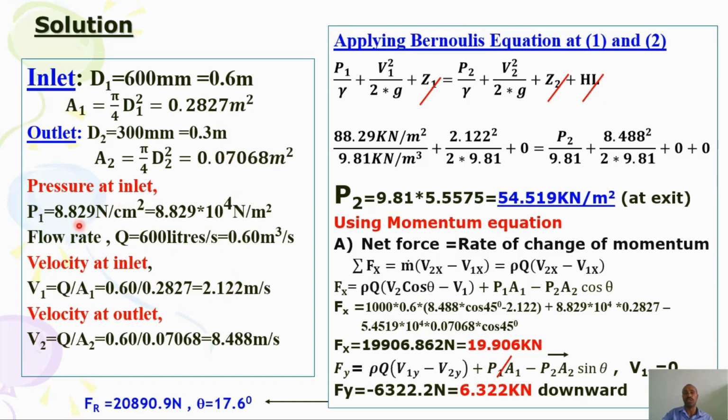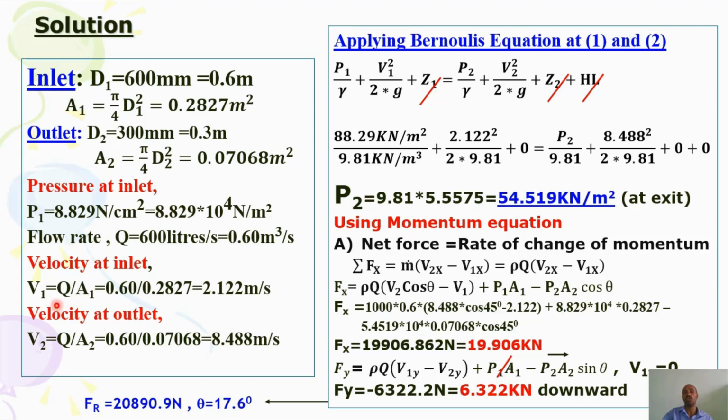Pressure at inlet is 8.829 Newton per centimeter square. If you convert to Newton per meter square, you will find it times 10 to the power 4 Newton per meter square. Flow rate, again, 600 liters per second, converted into meter cube per second, is 0.6 meter cube per second. Velocity at inlet, we can compute now.